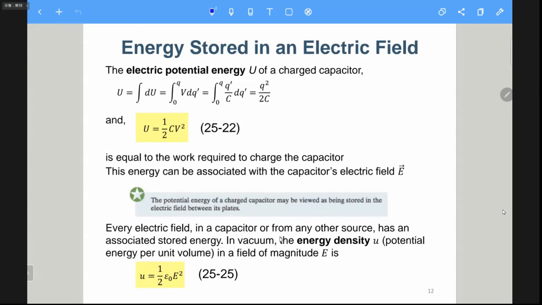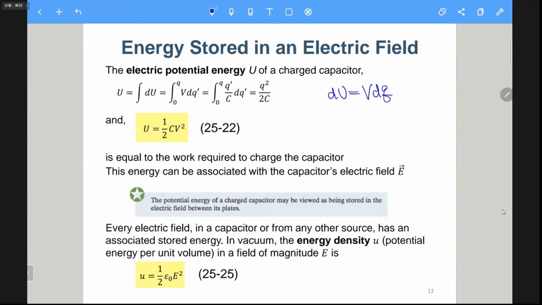Okay, so next, this is about the energy stored in the electric field. So this is the derivation. We have U, which is the integration of dU, and dU equals V dq.